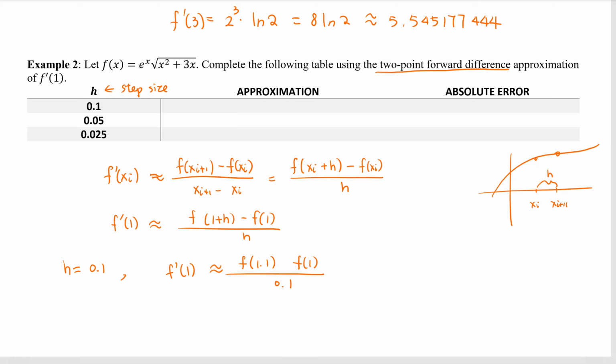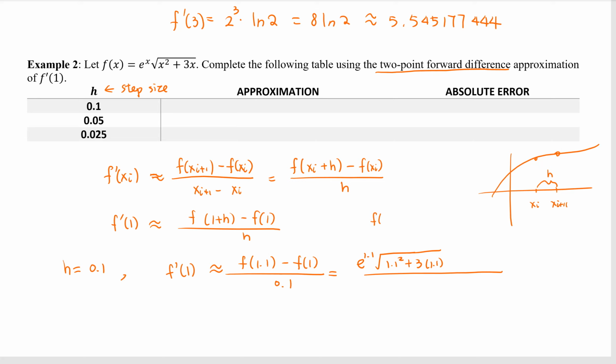So far, so good, everybody? Okay, what is that? Well, we plug in e to the 1.1 times square root of 1.1 squared plus 3 times 1.1. What is f of 1?